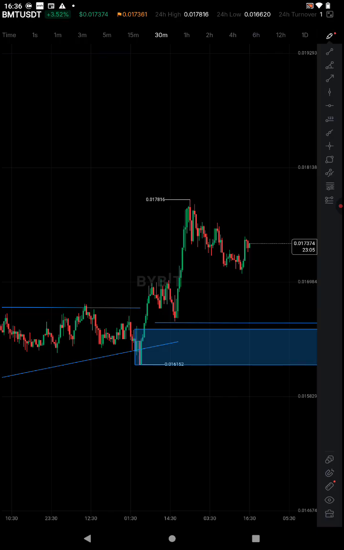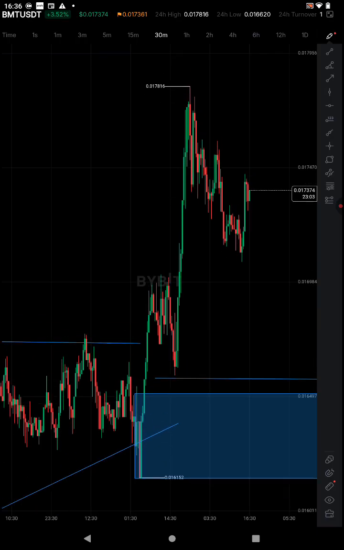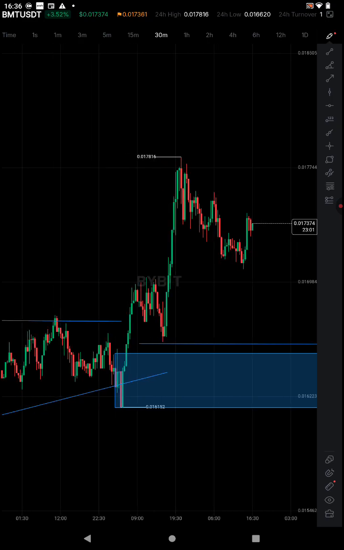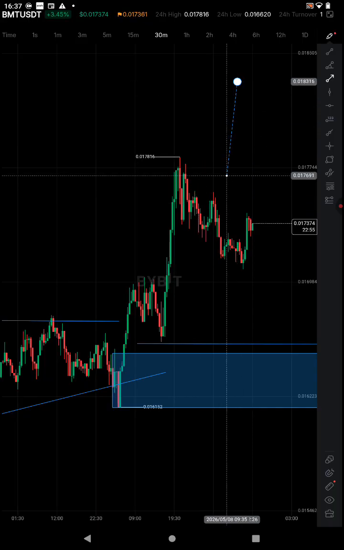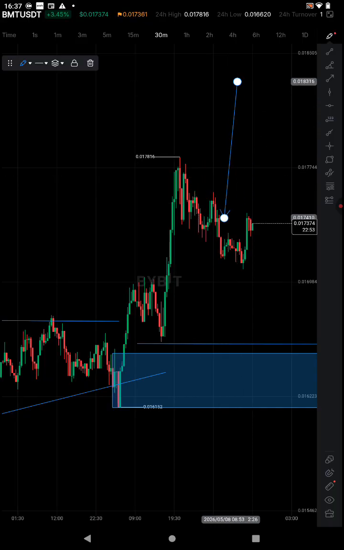But before that happens, there might be sell opportunities down to this point. There might be sell opportunities from around here down towards this level, guys.